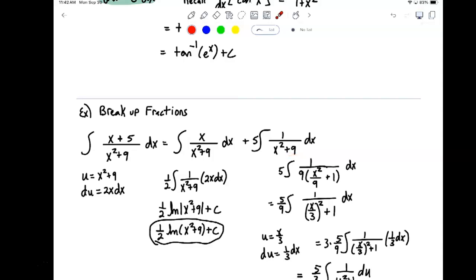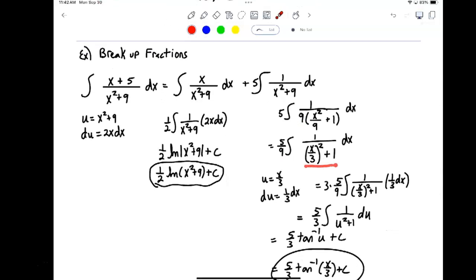So I took the 9 that was in there with the x squared plus 9, and I factored it out. That way I get a plus 1. Of course, to factor it out of x squared, I had to divide it out. That gave me x squared over 9, which I rewrite as x over 3 quantity squared. Of course, bringing that 9 outside.